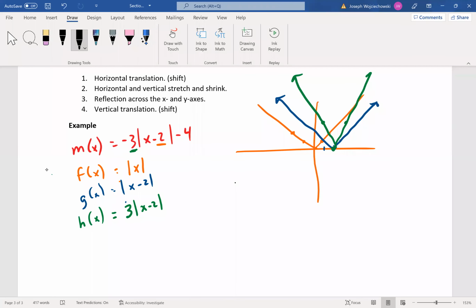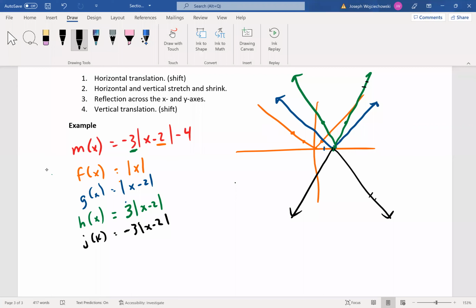Next up on our list is reflection. I do j of x, negative 3 times the absolute value of x minus 2. So we're taking the negative of f of x. That is reflection across the x-axis. So I'm simply going this route, taking this one here and reflecting it across the x-axis.